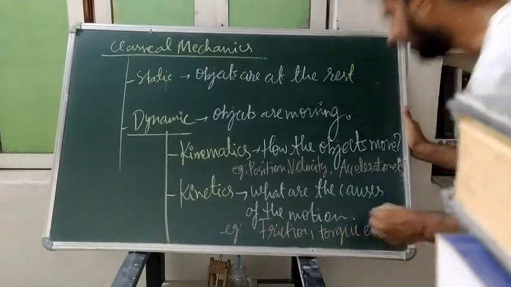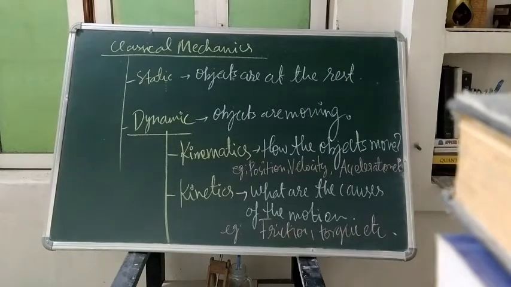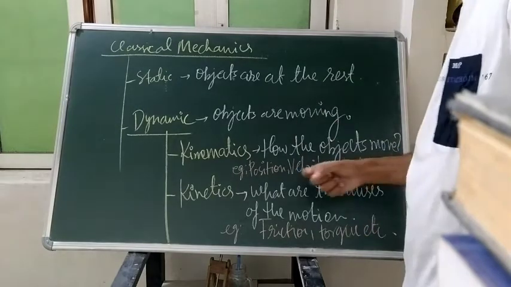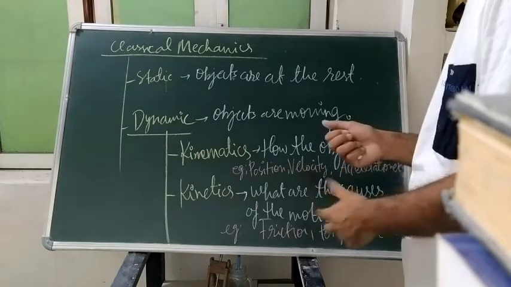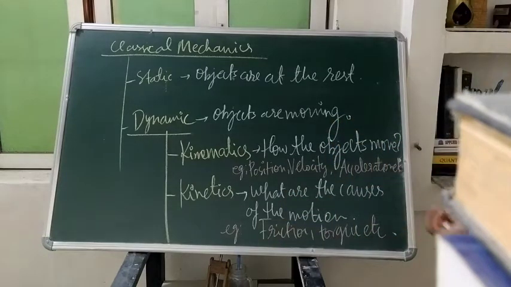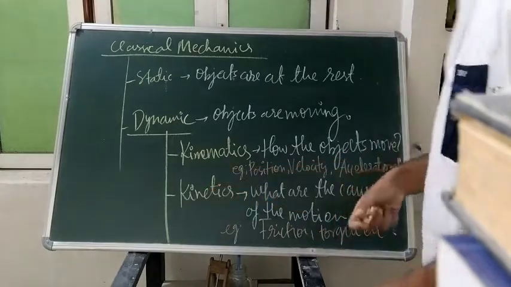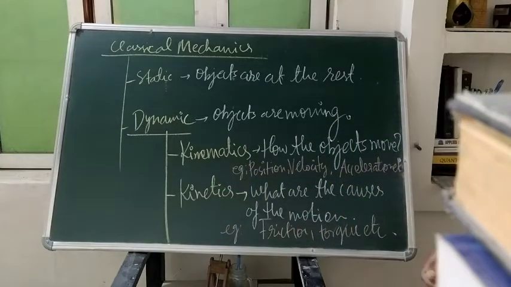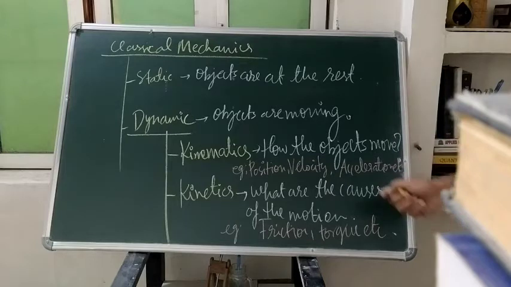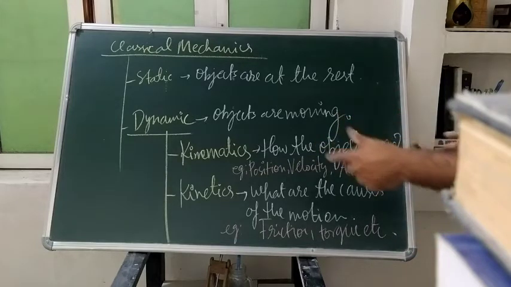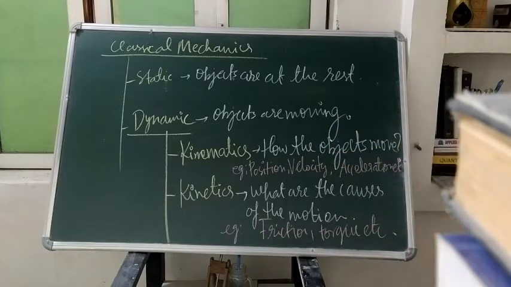Kinematics, position, velocity, acceleration, tells how objects are moving, and in kinetics we consider why objects are moving. So I think you can have the idea of static, dynamic, kinematics and kinetics before going into the detail. You can take a screenshot of it.